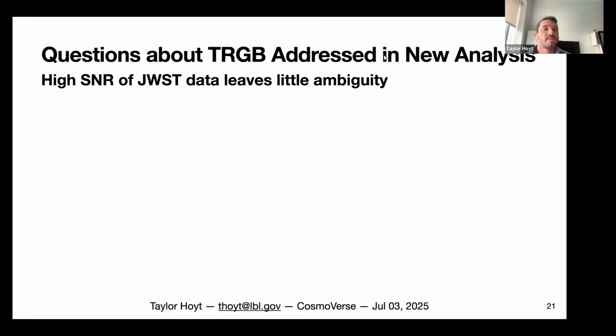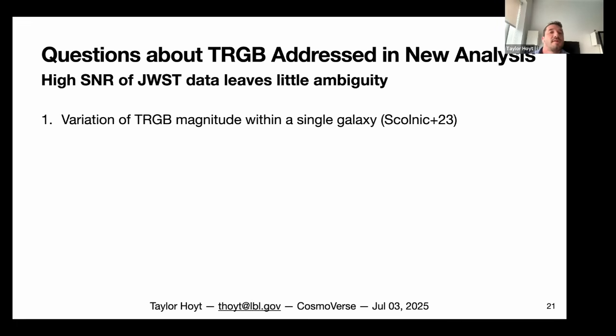So some questions about the TRGB have been raised in the last few years that the high signal to noise data that we've acquired with James Webb addresses handily. So one is the variation of tip of the red giant branch magnitude within a single galaxy.